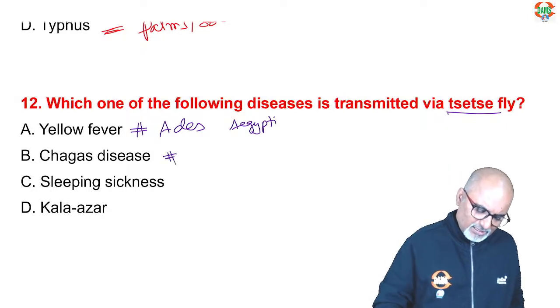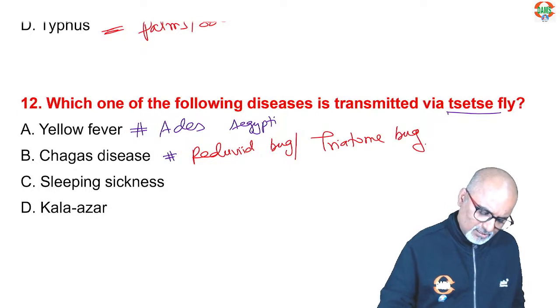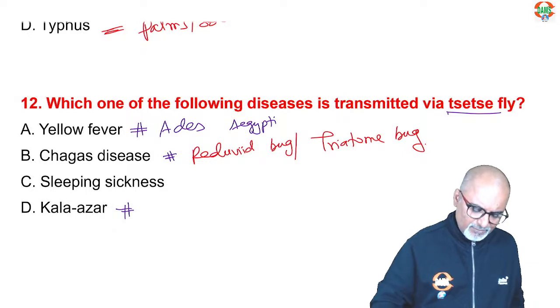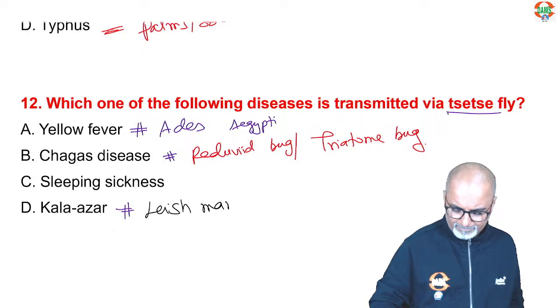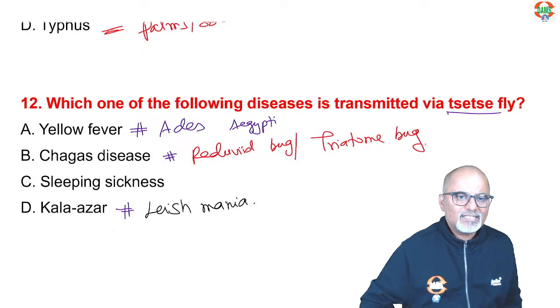Chagas disease by reduviid bug, otherwise called triatomine bug. Kala azar, the vector is sandfly, the parasite is Leishmania.